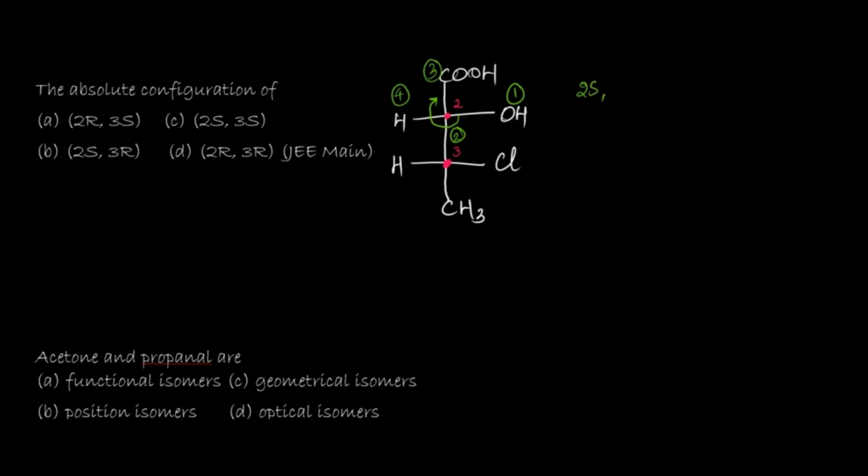Then the third one, I'm numbering it in a different color, 1, and this becomes 2, this is 3, and hydrogen becomes 4. Once again I have to do the reversal. This time this is going 1 and 2, that is anti-clockwise, which is S. Doing the reversal, that becomes R. So 3R, 2S, that is the answer.